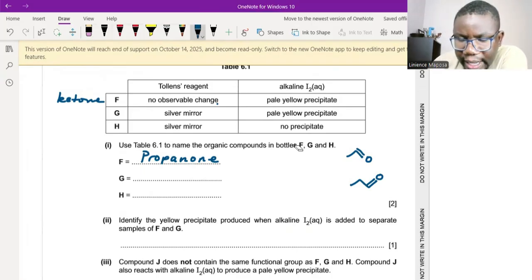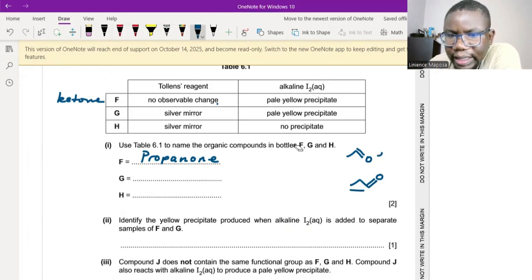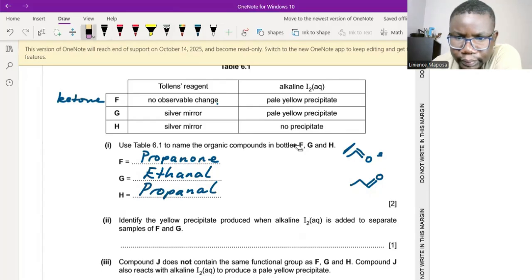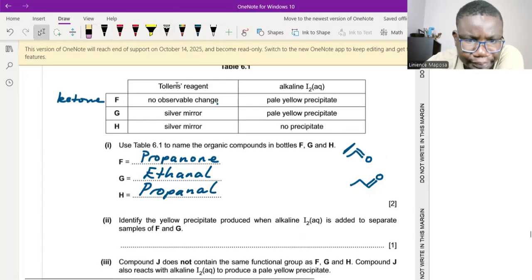So propanol, which is at the bottom, doesn't have a methyl this side, but it's got an ethyl. And then ethanol is a methyl this side. So this one is the one that should give a positive test for the iodoform. So G is ethanol. And the one that didn't give a precipitate, that will be propanol. Okay. I hope you understand that.